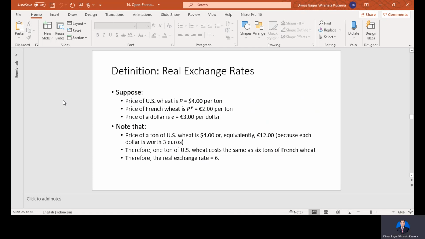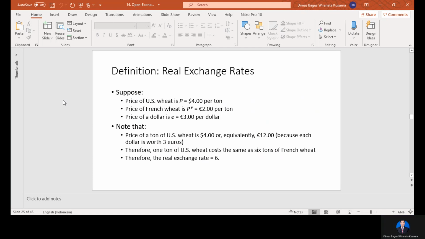So if you have 4 US dollars, that equals 12 euros. Therefore, 1 ton of US wheat costs the same as 6 tons of French wheat. Therefore, the real rate is 6.